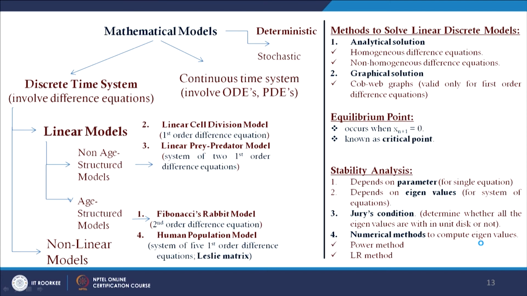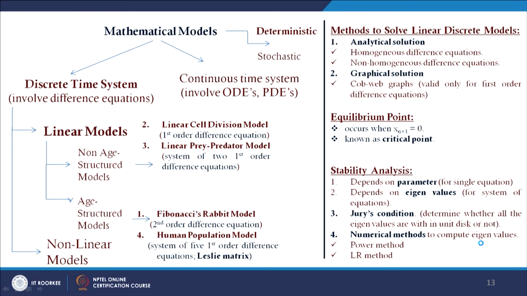In the last few lectures we discussed that one, a second order difference equation, and then the human population level based on age structured models, which involves 5 first order difference equations, represented in the form of the Leslie matrix, and then we will go for nonlinear models.